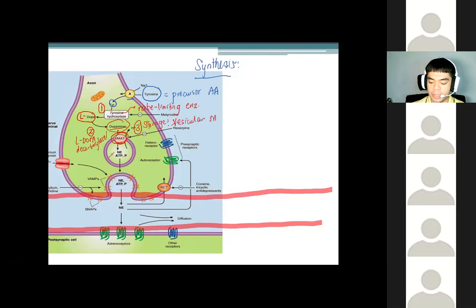Again, VMAT means vesicular monoamine transporter. So dopamine now enters the vesicle. Recall yesterday, section 3C, we mentioned the importance of the storage process, and that is to protect a neurotransmitter.